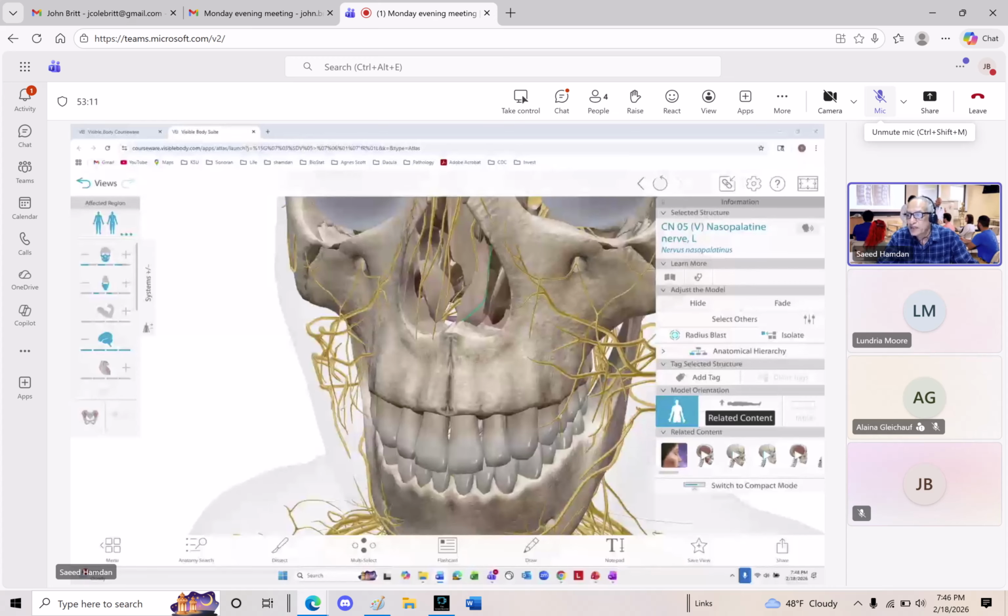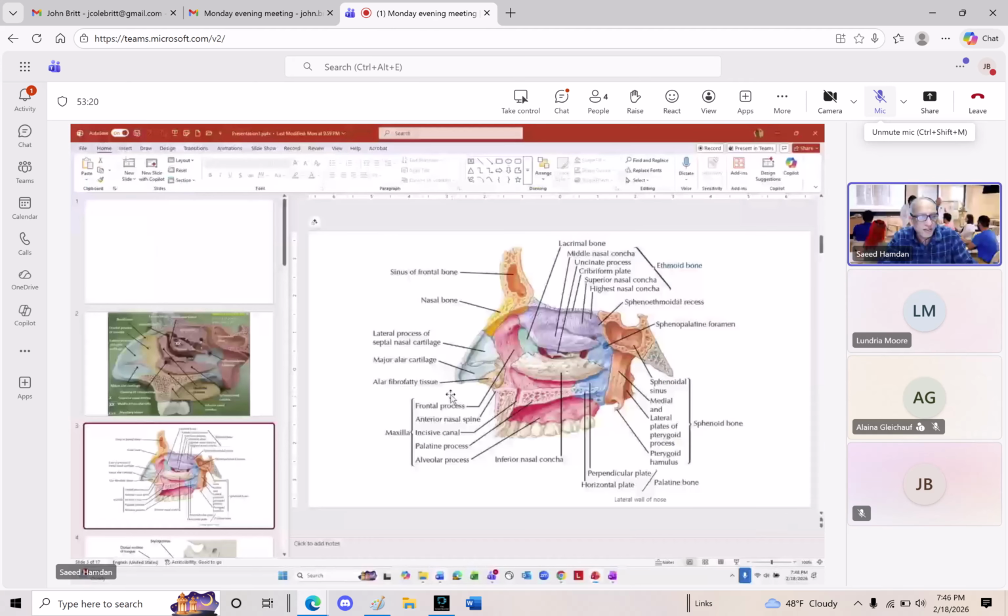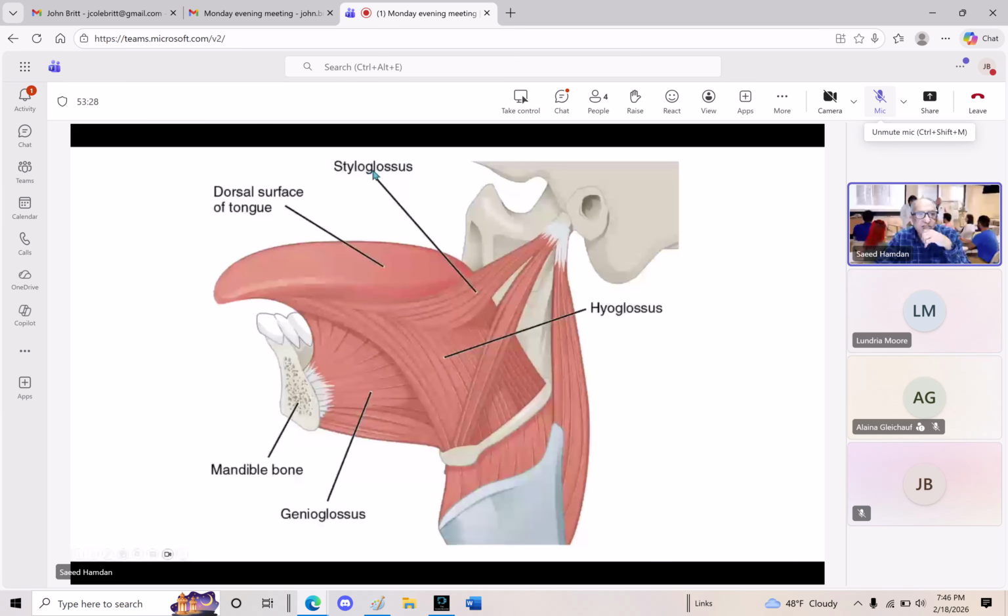Okay. So now let me orient you first with the slides, because when we talk about these muscles, it might be a good idea. You see the slide? Yeah, we can see it. Okay, now see there are several muscles here. Anytime you see glossus, that means that something is going to the tongue. Now, styloglossus from the styloid process to the tongue, right there.